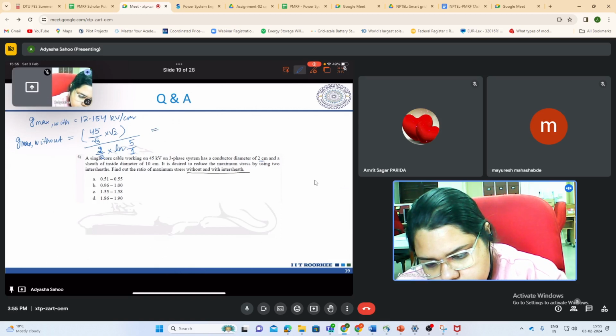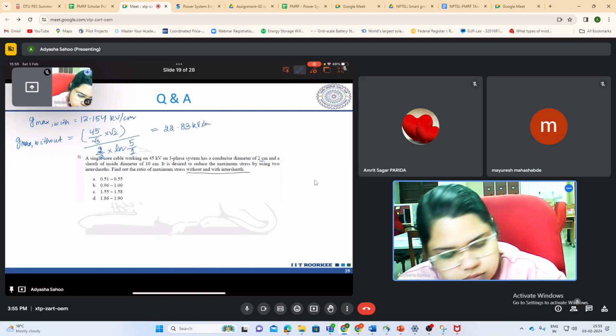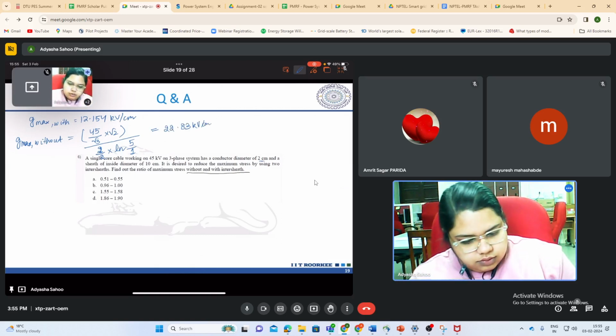So this will come out as 22.83 kV per cm. Let me verify this once.